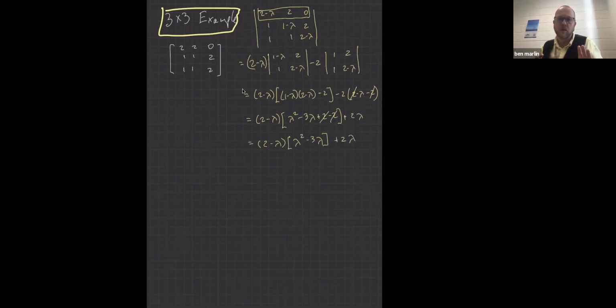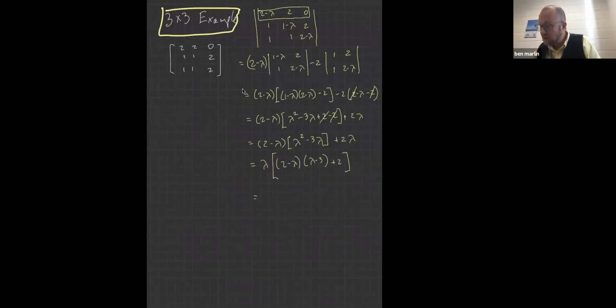Okay, so an important lesson comes out here. Can you see that there's a factor of lambda to the whole thing? If you can spot a factor, pull it out, because the factoring gets to be super nasty if you don't. All right, I see the lambda there, and so that means remaining, I'll have to say 2 minus lambda, and then times lambda minus 3, and then plus 2.